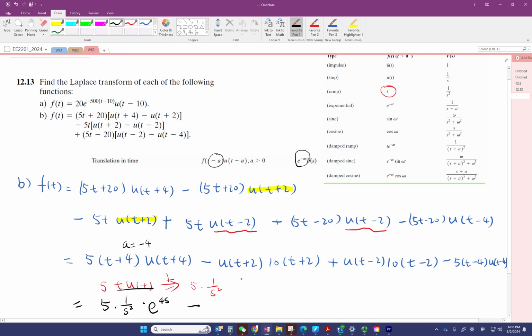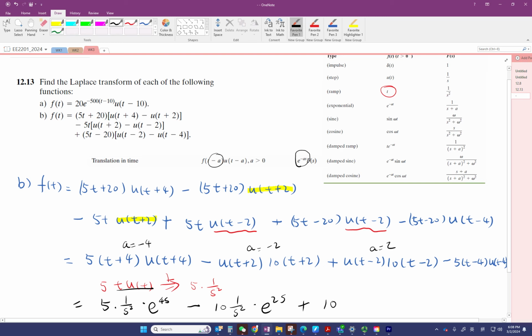And then we minus this one. Minus this one, there's a 10, 1 over s squared. That's without time shift. Here a is equal to negative 2. So we're going to multiply e to the 2s. And we're going to plus, this time a is a positive 2.